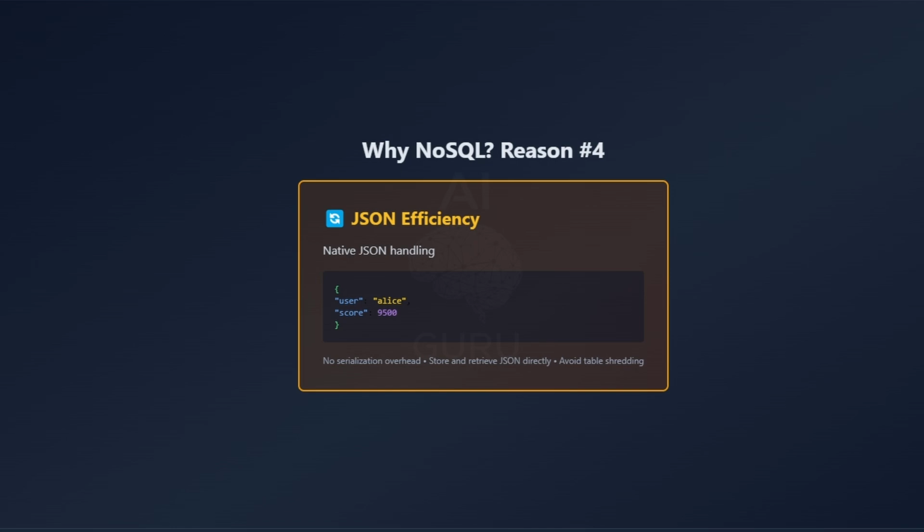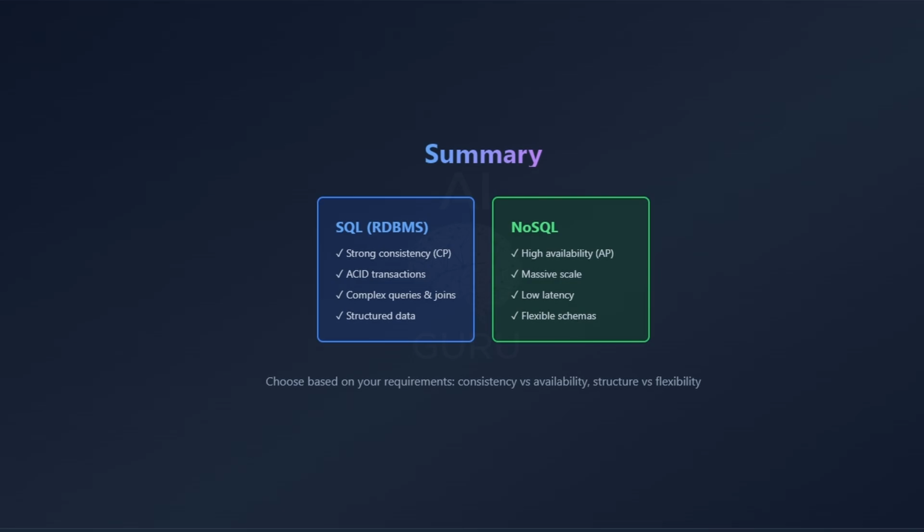It avoids that translation overhead you get when you have to shred a JSON object into multiple relational tables and then put it all back together for every single request. So, yeah. While SQL is the default starting point for most applications, NoSQL becomes a necessity for systems that prioritize massive scale, speed, or flexible data modeling.